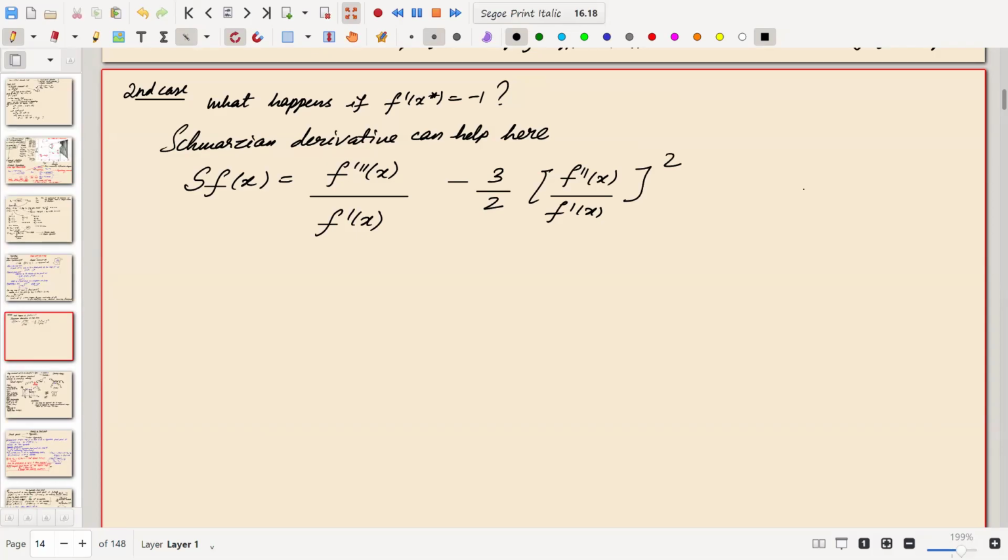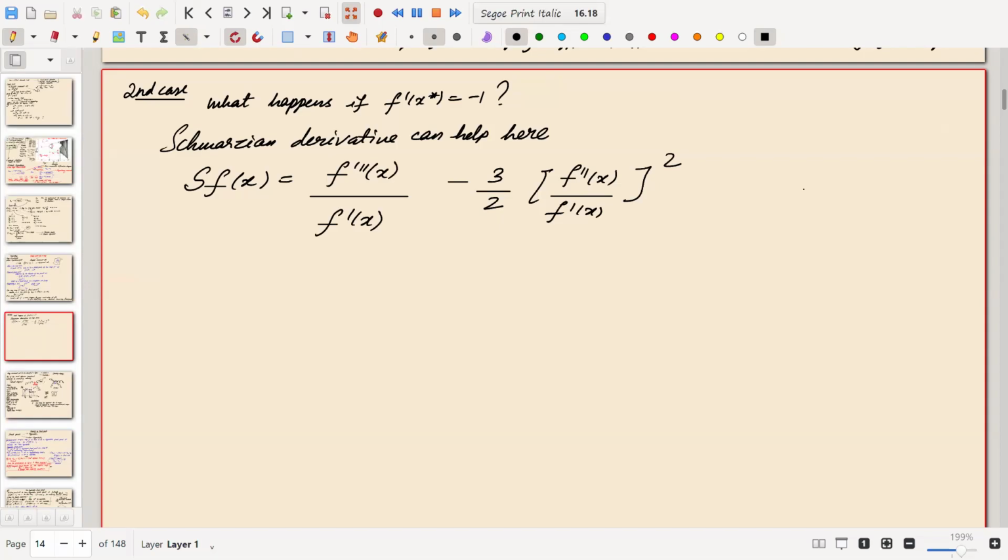So if f prime of x is equal to -1, then a new type of derivative can help us, known as the Schwarzian derivative. It needs the computation of the single derivative, double derivative and triple derivative, so all three derivatives are inside the Schwarzian derivative.